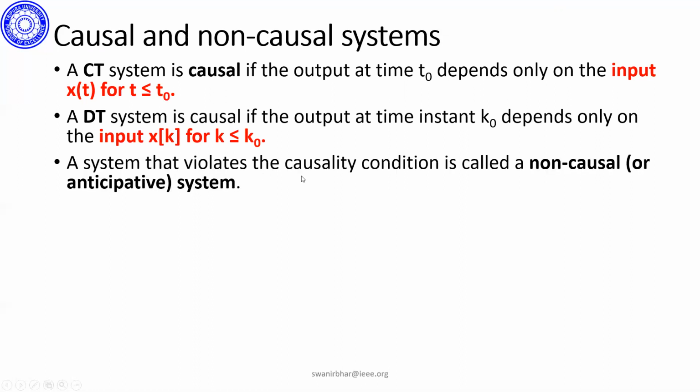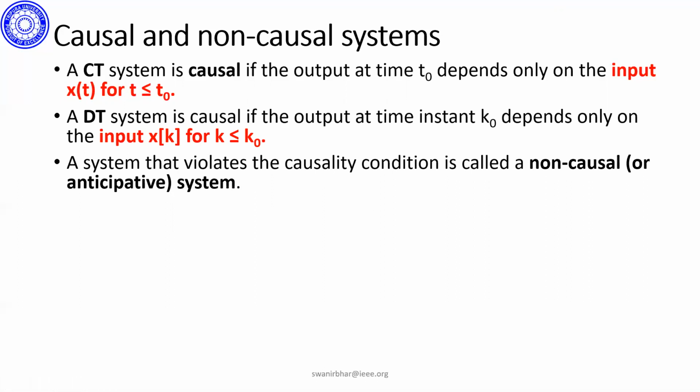A system that violates this causality is called a non-causal or anticipative system. Anticipative system means anything that can predict the future is a non-causal system, or it can anticipate what the output will be. Any system which cannot predict the future is called a causal system.